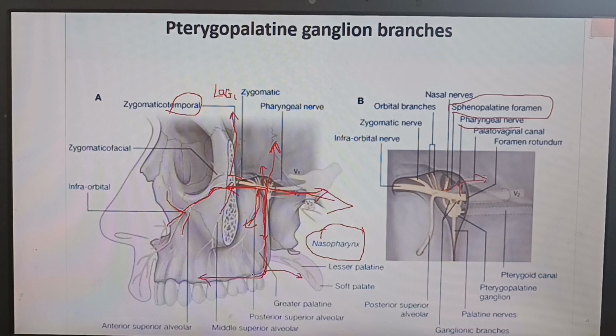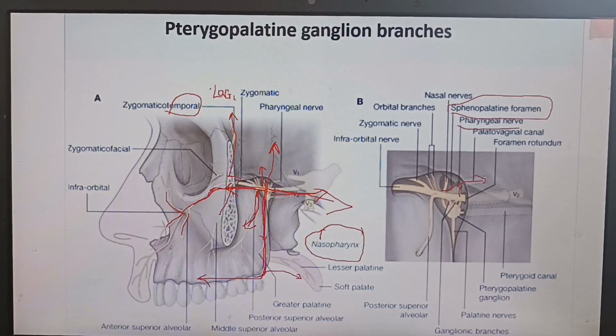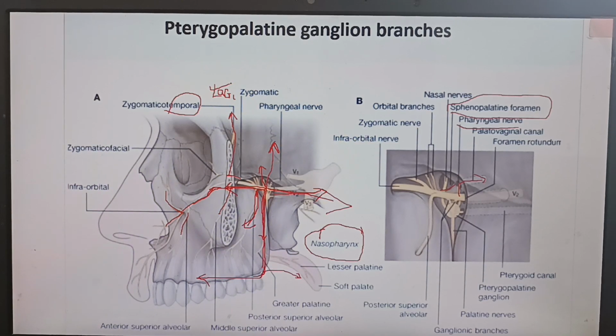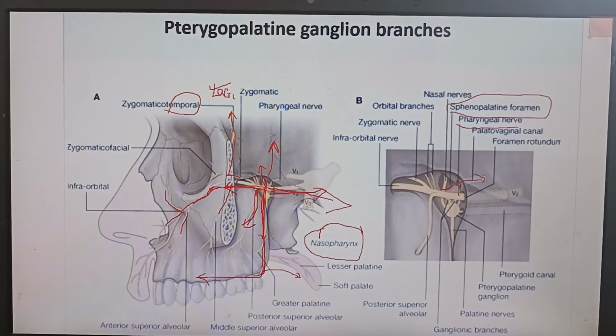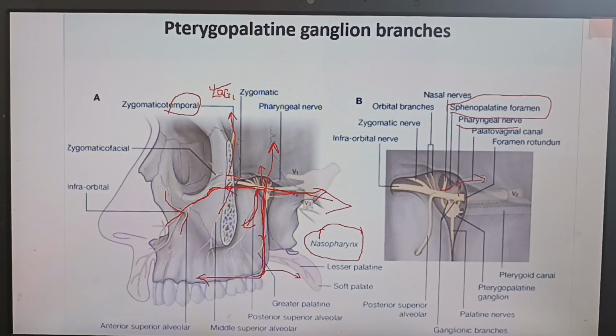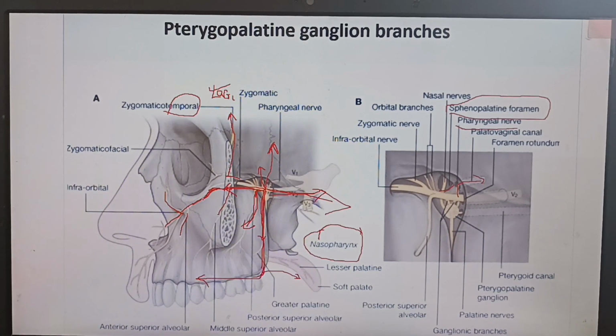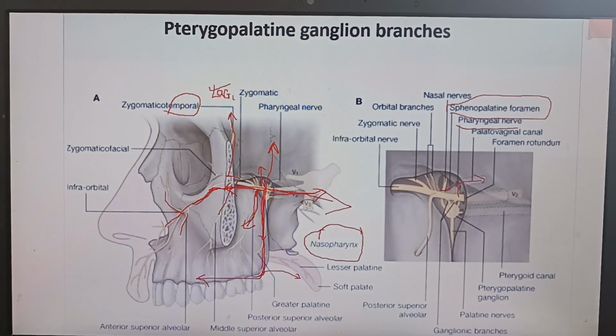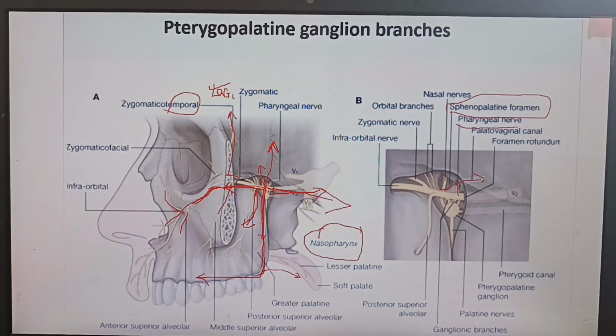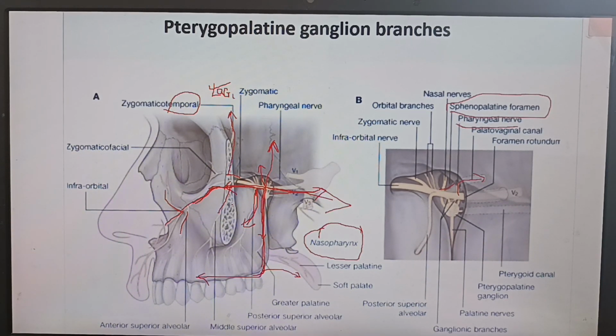Now imagine if this ganglion is irritated, what all things will happen? One, your lacrimal gland will activate. You will cry. You will start lacrimating, or your tears will come from the lacrimal gland. And imagine all the mucosas related with these branches are also going to secrete. You will have secretions in your mouth, secretions in your pharynx, secretions in your nose.